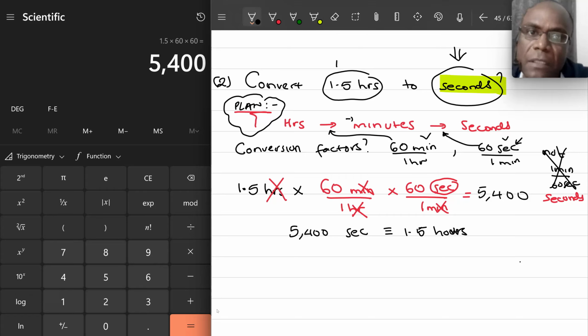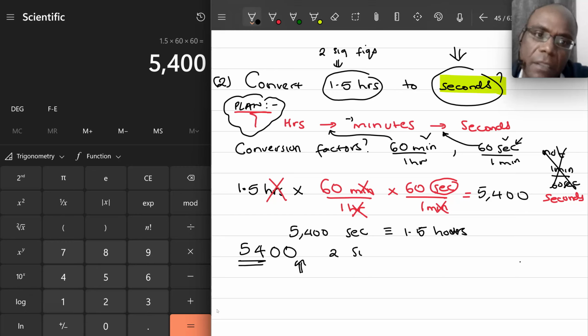Now, the question has two significant figures, and so I should try and report my answer to two significant figures. 5,400 itself is two significant figures because there's no decimal here. But we don't like leaving it like this because it's ambiguous. Someone else can write it as 54 times 10 to the power 2. Someone can write 5.400 times 10 to the power 3.